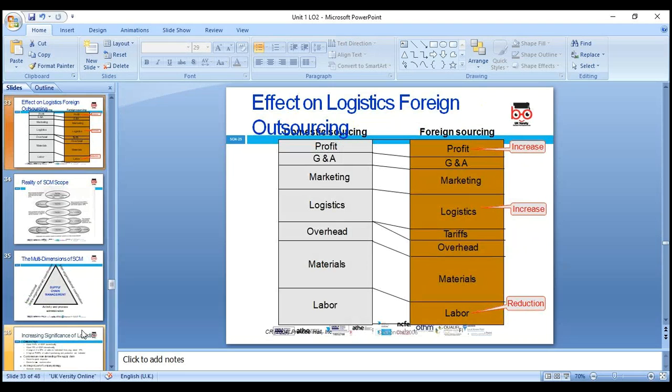Thus we need to consider the effect of logistics on outsourcing, which can be huge. A lot of things are being outsourced. What do you think? You are dealing with outsourcing. A lot of companies may be outsourcing to you, and you're just a logistics company, or they have their own logistics department.